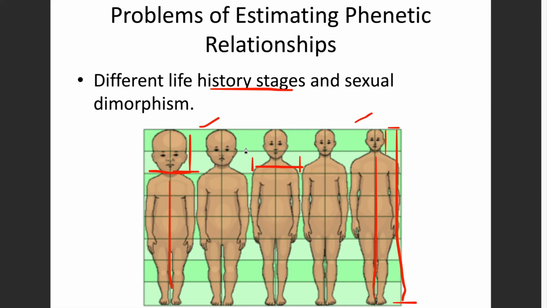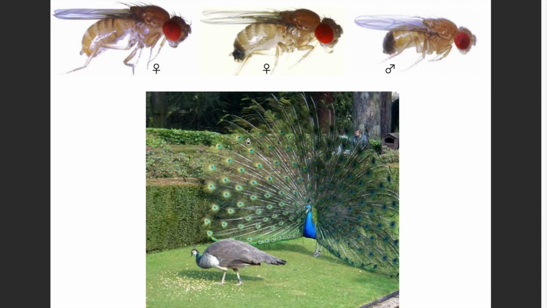It will surely affect your data. And that's the thing about human remains, no? Especially for hominid species, we have very few of them. So yeah, the life stages could affect, and also what we call the sexual dimorphism in your organism. It could definitely affect your data points.